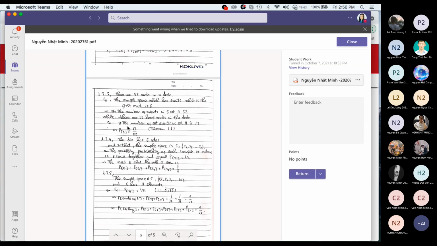Okay, 13 heart cards. The number of events in set A is 13. So the probability of A equals 13 over 52. Correct.